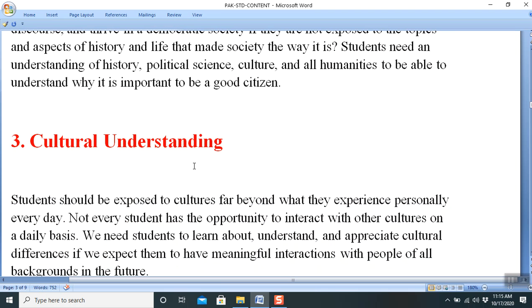Cultural understanding. Social studies provide you a room to culturally understand. Clear? For example, in Pakistan, you find that there are so many cultures. Gilgit and Baltistan are a bit different. In Kashmir, the people follow a different set of values. Punjabis, clear.